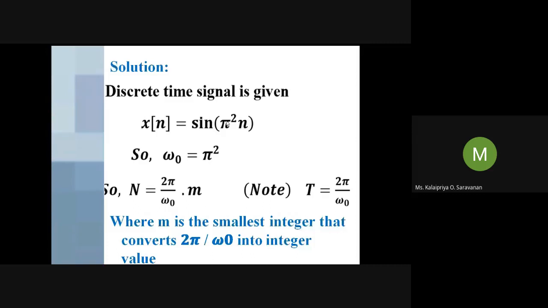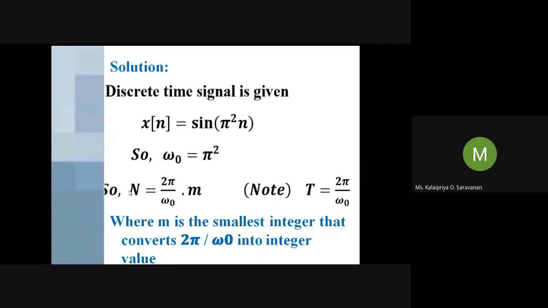So omega naught is equal to pi squared. So according to the periodicity property, period n is equal to 2 pi by omega naught into m. This m is an arbitrary value. So you can substitute any value for m such that n becomes an integer, meaning you can substitute the values of m as 1, 2, 3, etc. so that this n becomes an integer value.